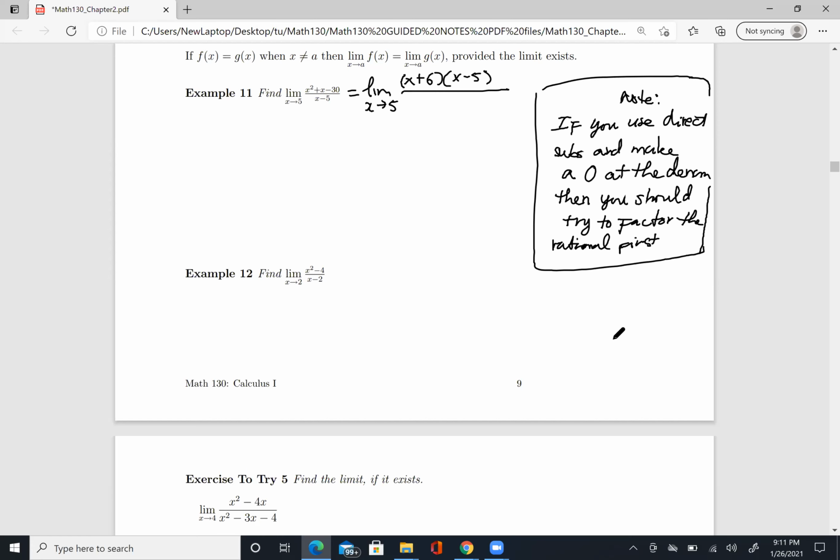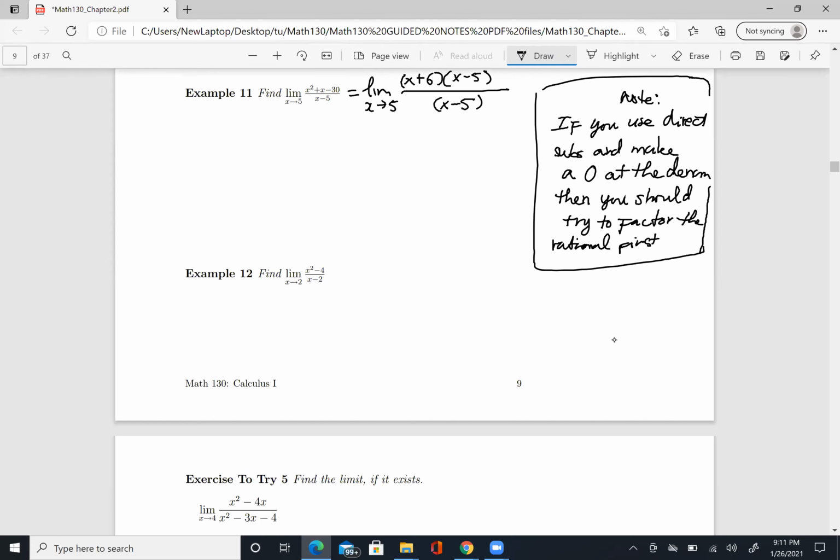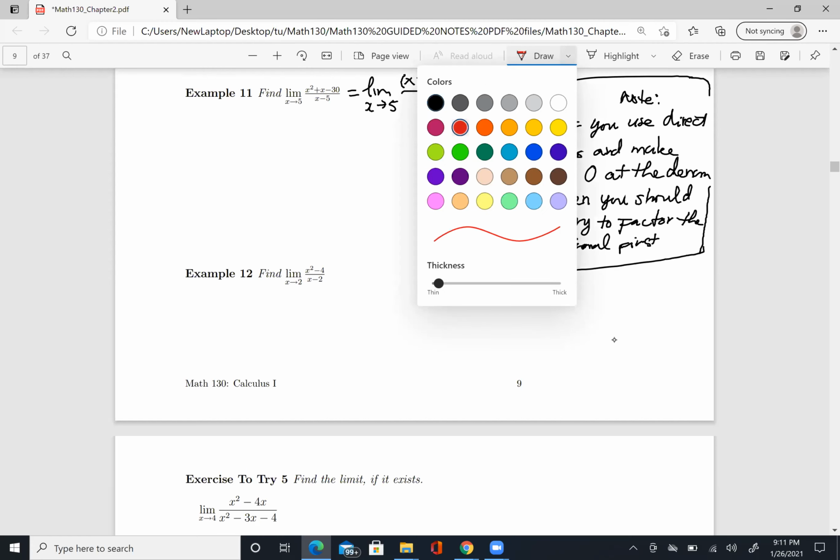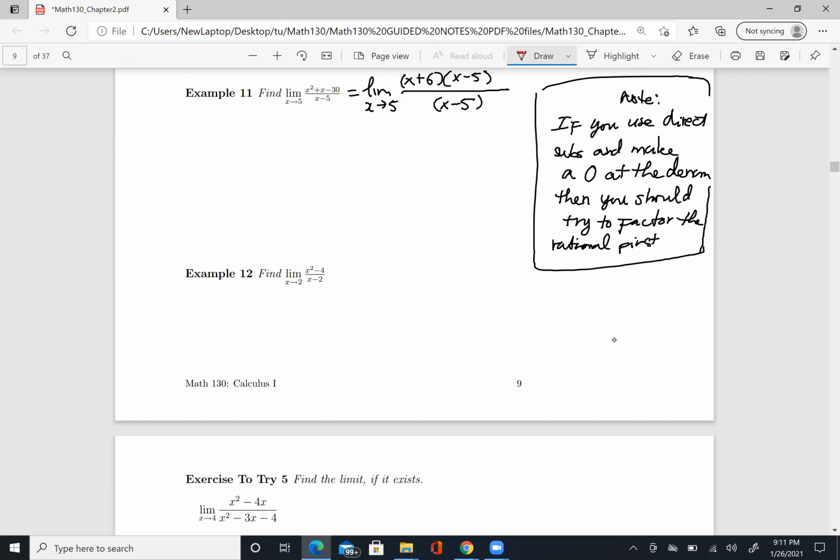And then divide by the bottom, x minus 5. So you see we have a common factor between the top and bottom, and you should cancel it first.